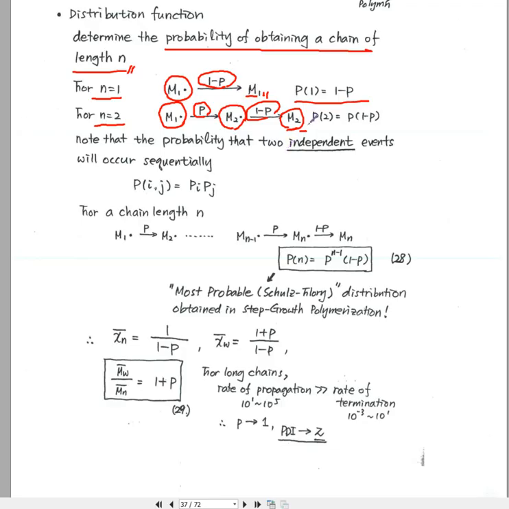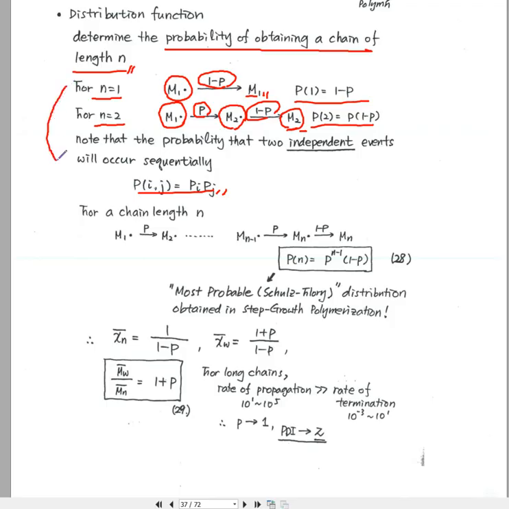So P2 is equal to p times 1 minus p. Since these two events occur independently, that's why we just multiply, as you have learned from high school statistics, right?